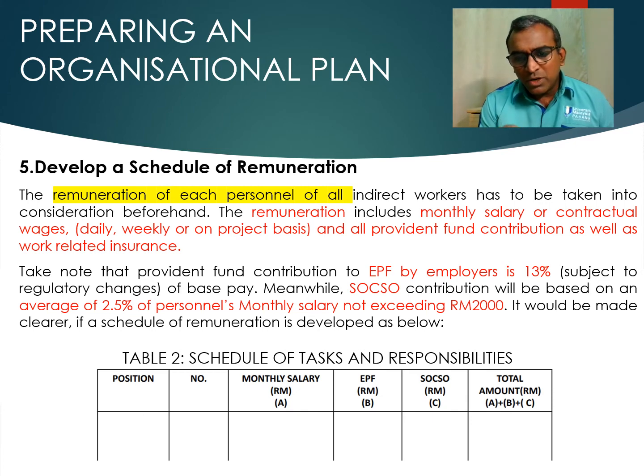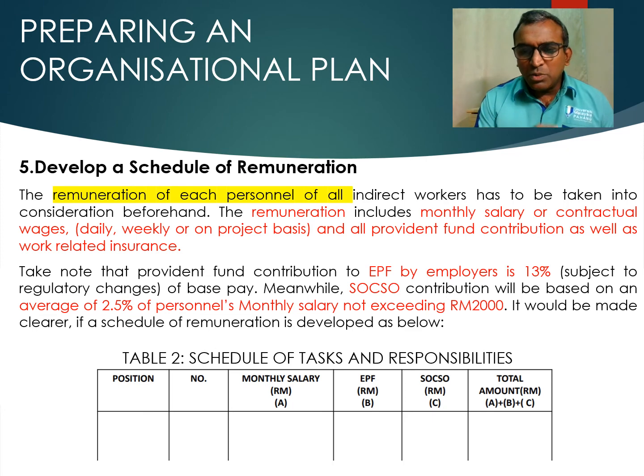Then also look into the monthly salary, the EPF, the one that you contribute. The one you contribute is more important than the one contributed by the staff, which is not under your planning, because you're just taking their money.